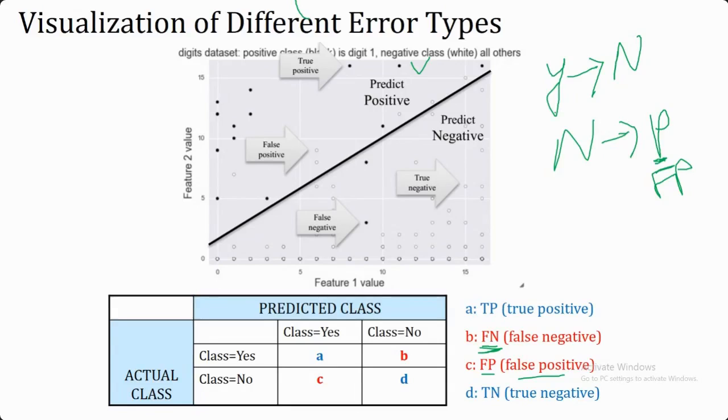That means originally the class was yes, but you are predicting no. So this is your false negative. This way you can remember: in both the cases you have a wrong prediction, but here wrongly predicting as positive means originally it was no but you predict yes, and in false negative, wrongly predicted as negative, so originally it was yes.